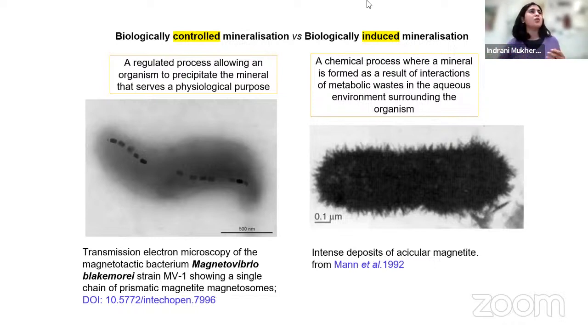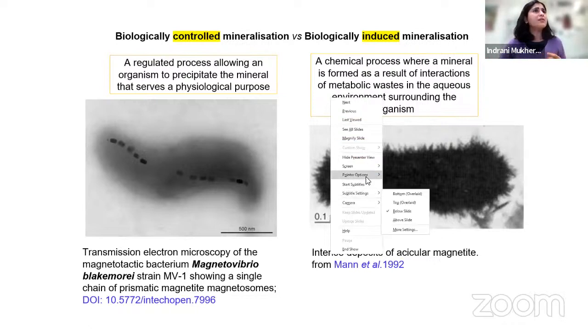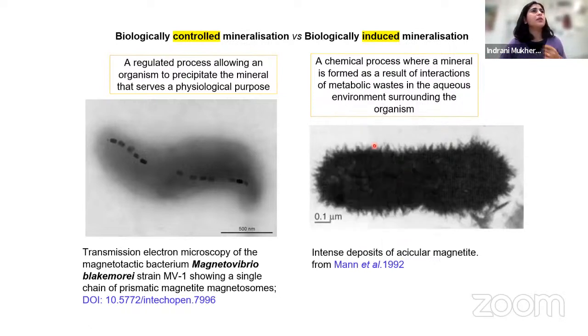In this case, I'm showing you, let's see if I can find the laser so I can point easily, in both cases it's magnetite that's being precipitated, but one is biologically controlled, where the mineral is actually precipitated within the confines of the organism, and it actually serves some physiological function.